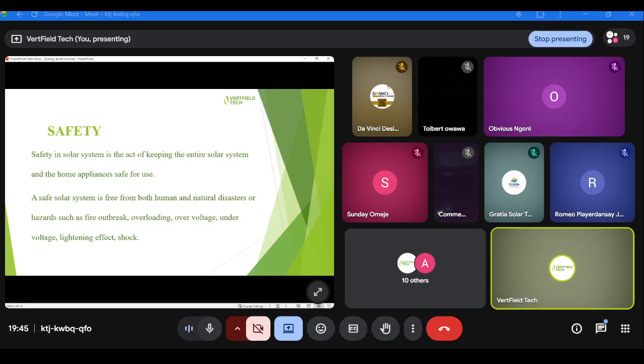And that is why over time we always take our time to talk about safety as it concerns solar power systems. You must be safety conscious. There are various safety tips, and various safety tools and gadgets which you must make good use of.